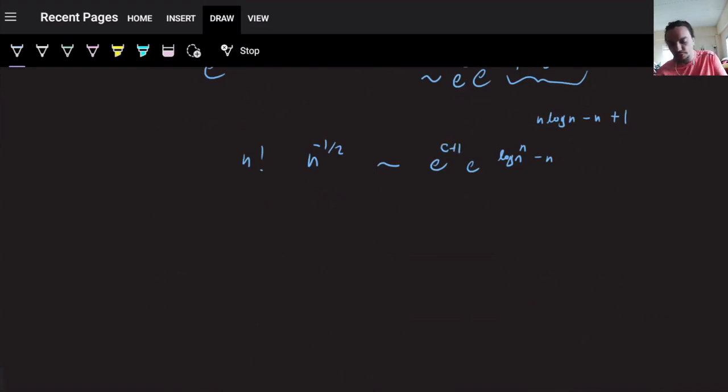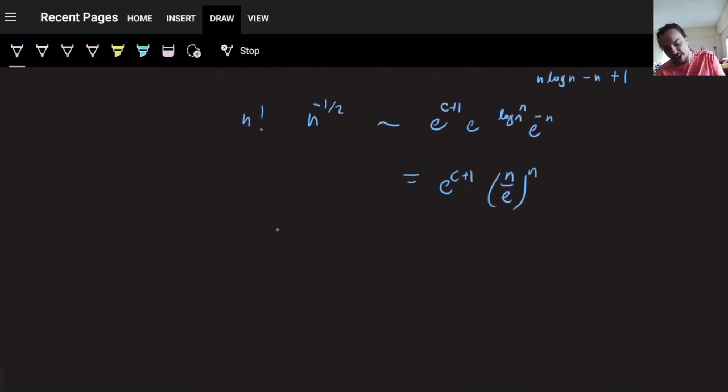And then I'm going to use log rules again to say that this is e to the log n to the n, e to the minus n, and then finally e to the c plus 1. e to the log n to the n is just n to the n. And then e to the minus n is just equal to 1 over e to the n. Great, okay. And now we'll multiply both sides by n to the minus 1/2.